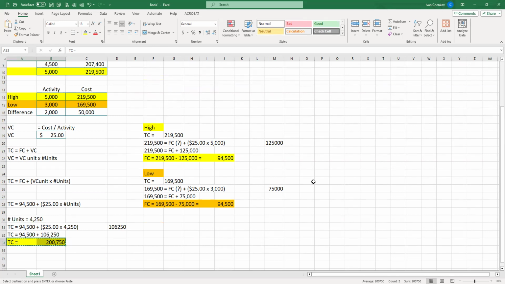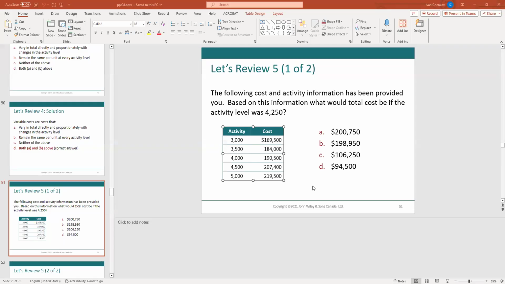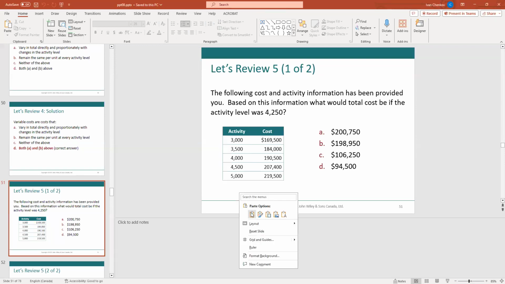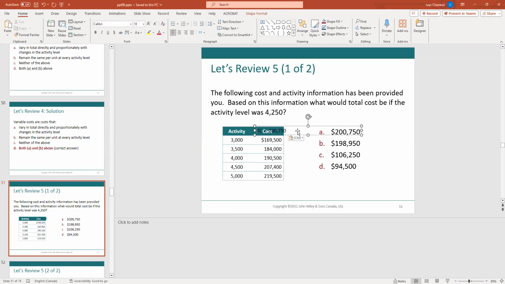I'm going to stop this sharing and let's move to the slides. Let me share the slides. And we have our answer. What did we get? We calculated the total cost, so the answer should be A.